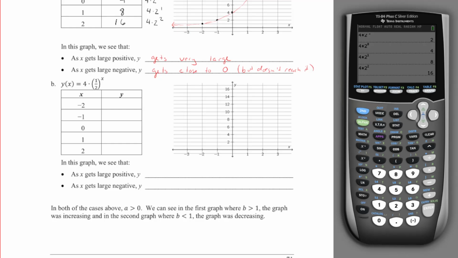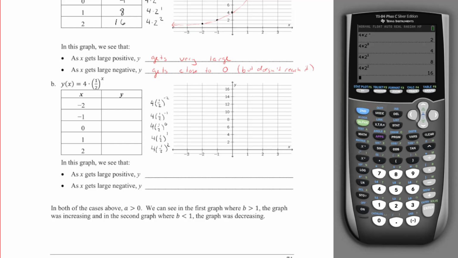Okay, this next example is similar, but instead of 4 times 2 to the x power, we have 4 times a half to the x power. So 4 times a half to the negative 2, 4 times a half to the negative 1, 4 times a half to the 0, 4 times a half to the 1, 4 times a half to the 2.